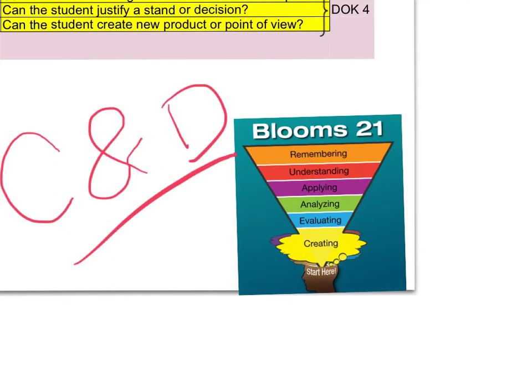Flipped Bloom's is asking teachers to start with creating, evaluating, and analyzing, and then have students get information or understanding that is necessary for them to complete a project or to truly understand or give a good evaluation. So they're using the information to strengthen their analyzing, evaluating, and creating development or skill.